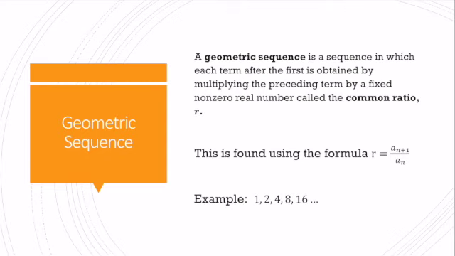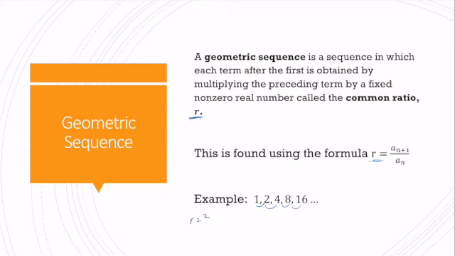So a geometric sequence is a sequence in which each term is found by multiplying the previous term by a common ratio, r. And we can find this using the formula a sub n plus 1 over a sub n. Just like with arithmetic sequences, I want to check every pair just to make sure it's really geometric.